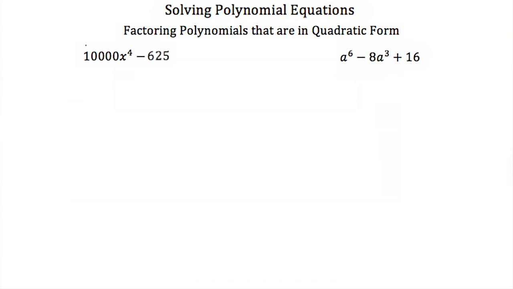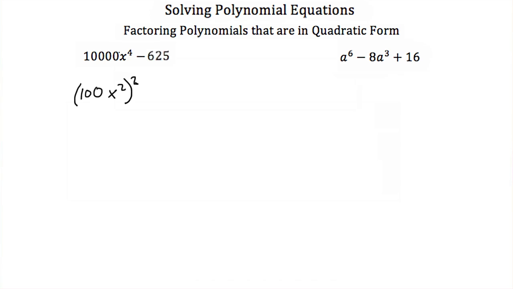If I take a square root of 10,000, I get 100. And if I take the square root of x to the fourth, I get x squared. So if I take 100x squared and I square it, I would end up with 10,000 x to the fourth.